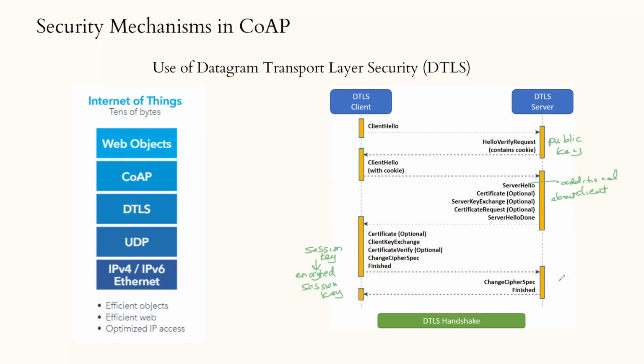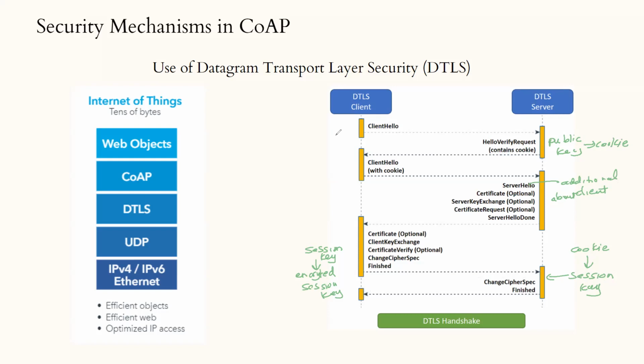The encrypted session key will be received by the server, and it will obtain the session key using the cookie that it has, which it uses as the public key. That is the procedure at the server to obtain the session key. The session key will therefore be used for further transmissions of data in the next steps.